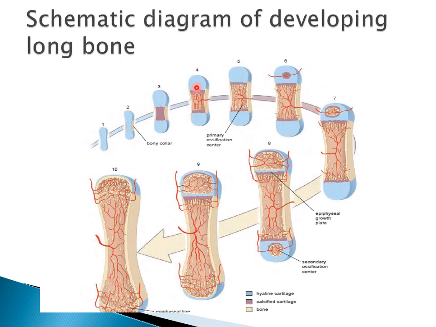Now you can see here the endochondral ossification of the long bones. First, this is the hyaline cartilage, the whole of the bone in embryonic life. It is formed by the hyaline model, and then there are the primary centers of ossification.